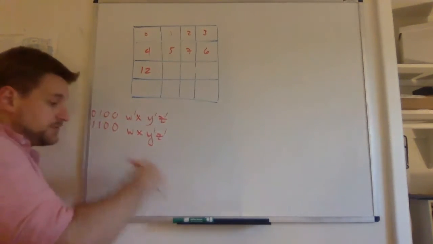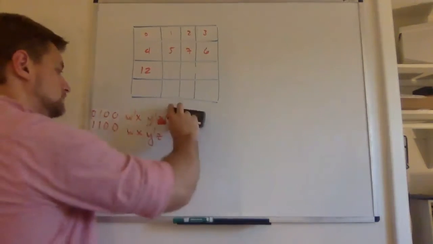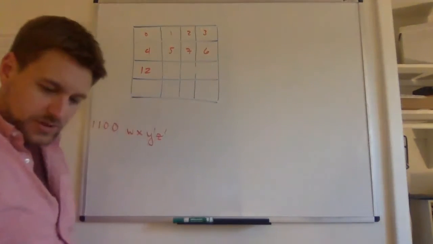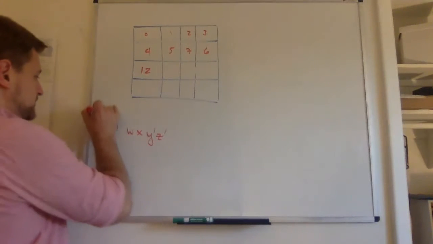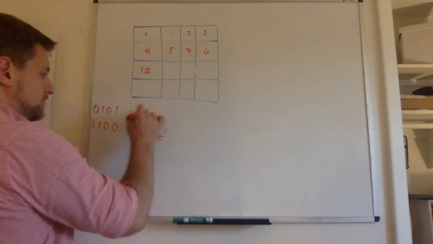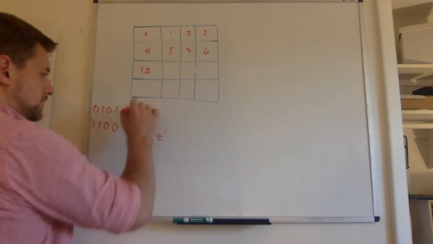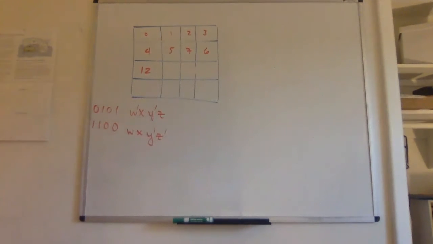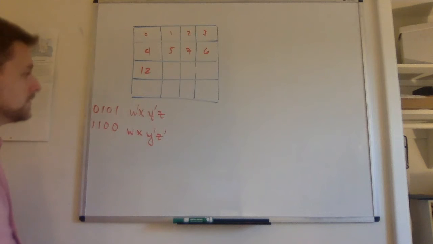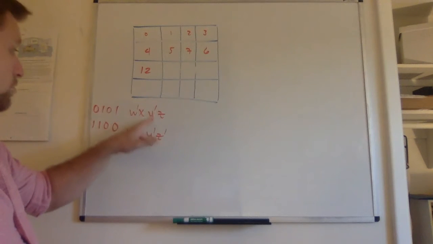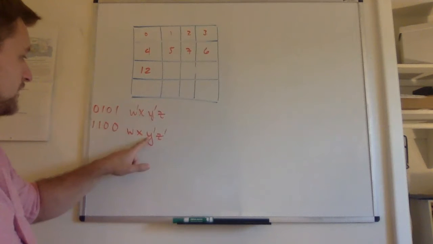Let's see, well, 12 is here. 12 and 5, 0, 1, 0, 1. W, X complement, or no, this way. They're both Y complement.